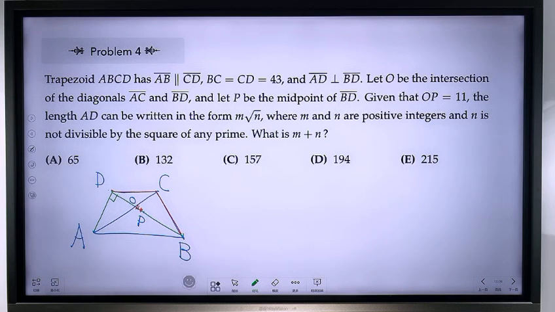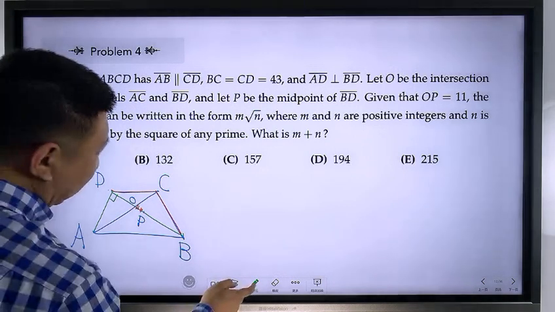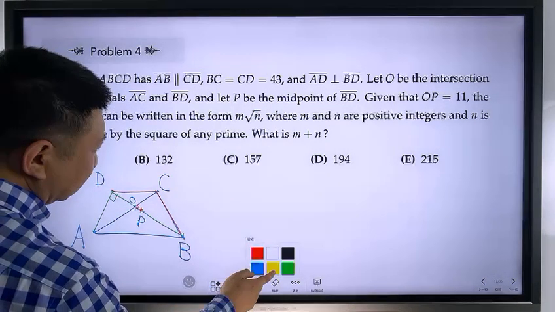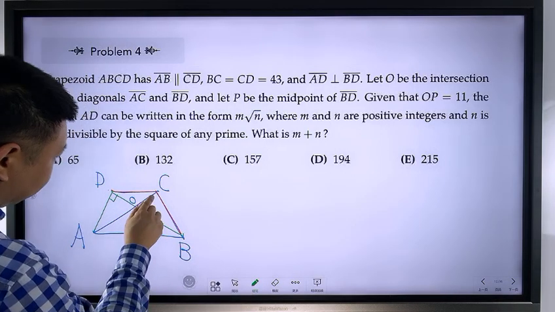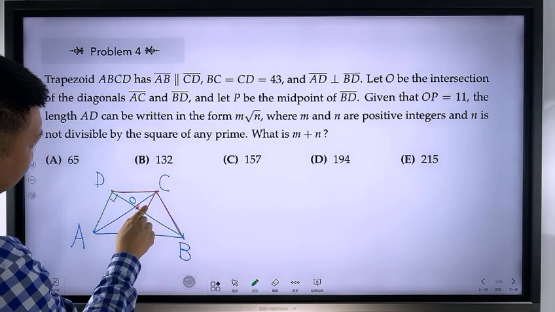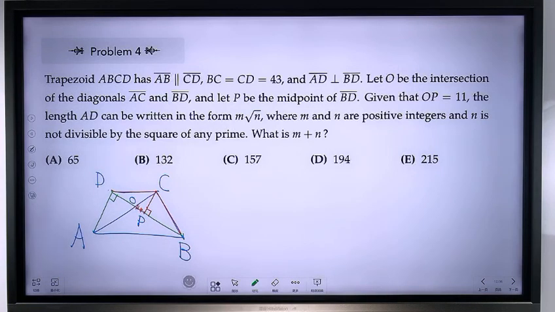However, for this question, the way that I found the path to solve it is thinking about the midpoint and the isosceles triangle. So I link the midpoint with this isosceles triangle. That guides us to draw an auxiliary line, which is CP. And CP must be perpendicular to BD, right?